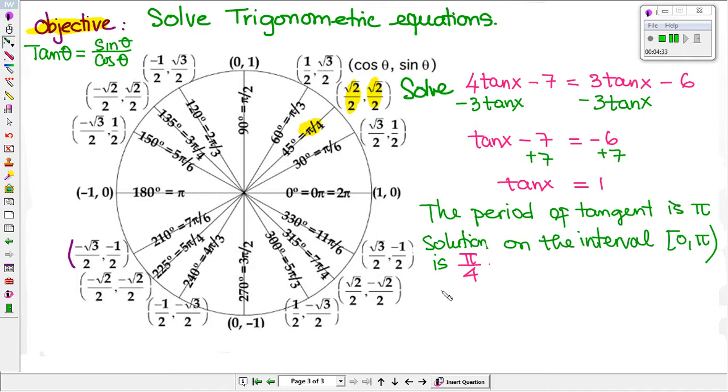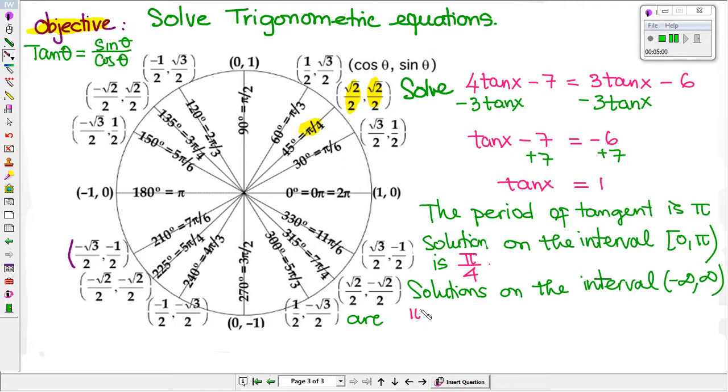So therefore we can conclude that the solutions on the interval from negative infinity to positive infinity are: you take pi over 4 and you add each one of the periods of tangent, so you will add pi times n.